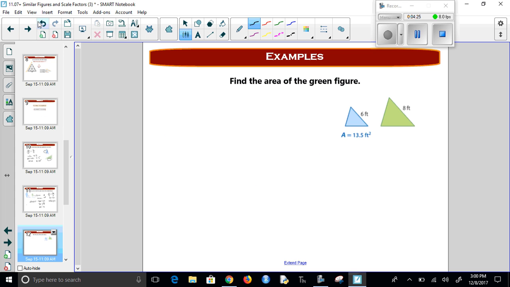Let's try one more. If I know these two sides that are matching, find the area of this green figure. So the ratio of sides is 6 to 8, which we can write as 3 to 4. So the ratio of the areas is going to be this squared, which is 9 to 16.